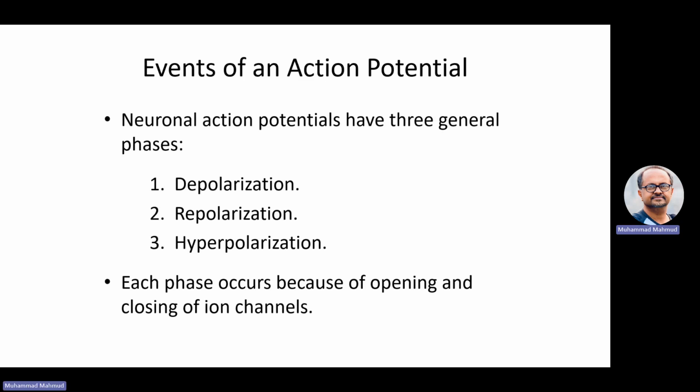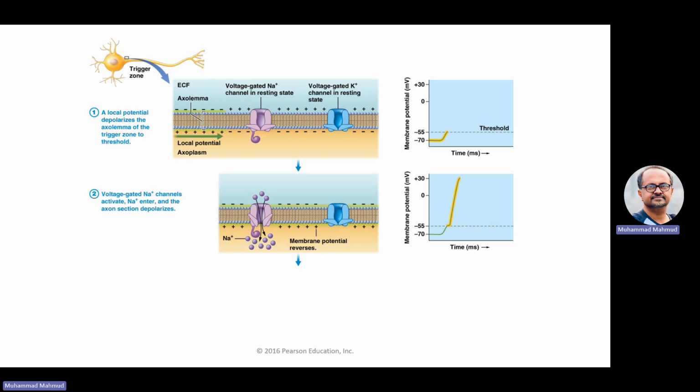Let's talk about the events of an action potential. Neuronal action potentials have three general phases. Each phase occurs because of opening and closing of ion channels. We just want to start here. In the first picture on the top, you see the beginning of the axon. A local potential depolarizes the axolemma of the trigger zone to threshold.